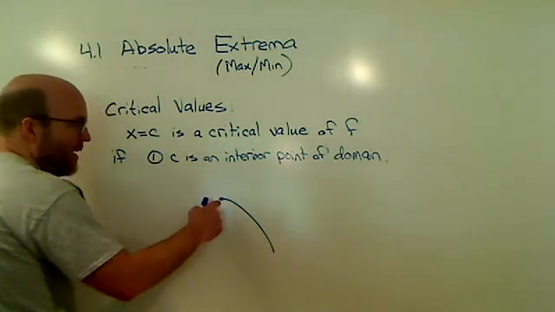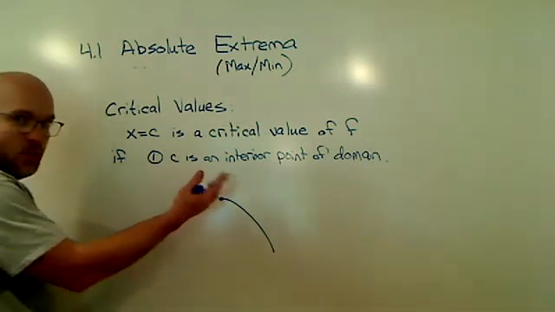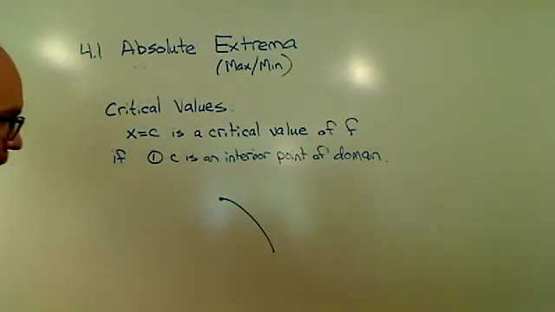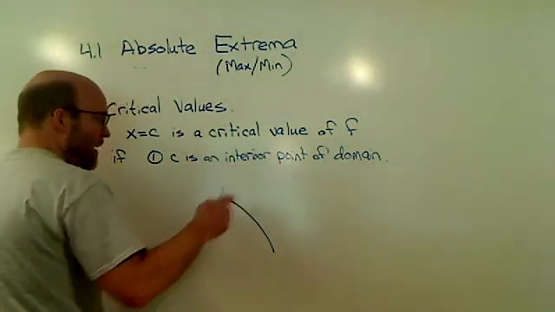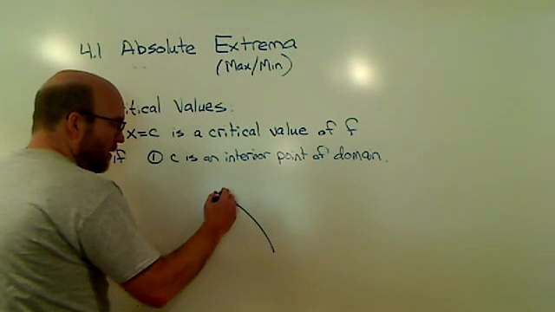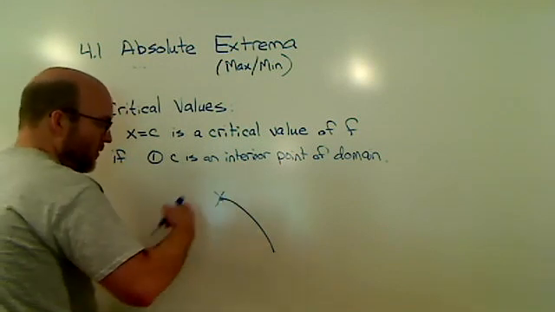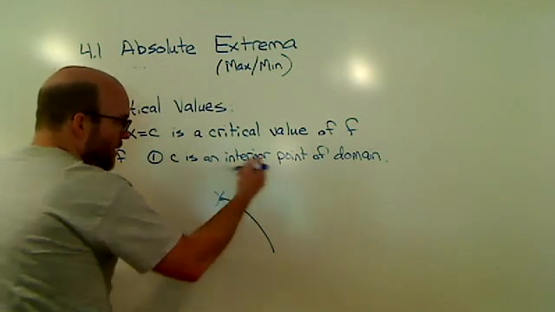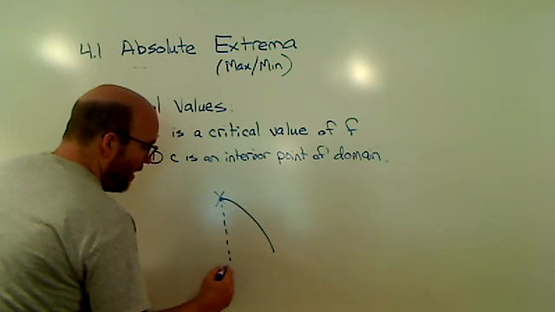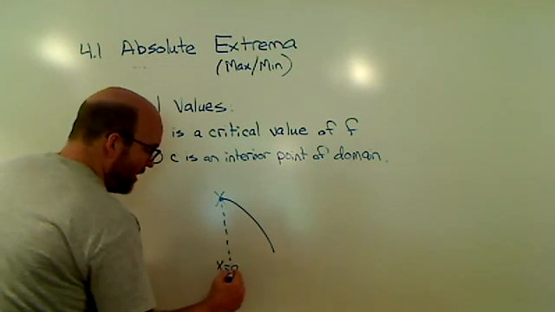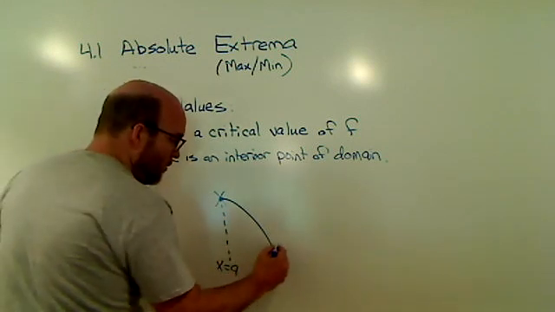Our textbook didn't talk about this, but I'm pretty sure we talked about this in class. This is called an endpoint maximum or minimum. We're not trying to find those because we know where the endpoints are in our examples. So all we're saying is that c has to be an interior point. It cannot be right here. Right? That cannot be c because that's not interior to the domain. And I guess that word interior just comes from the idea that if you're looking at this at, say, x equals a again, that would be your starting point of the domain, and maybe this goes on to infinity.